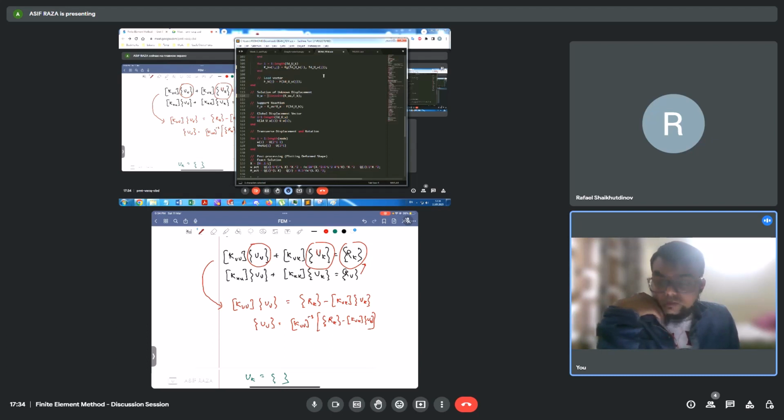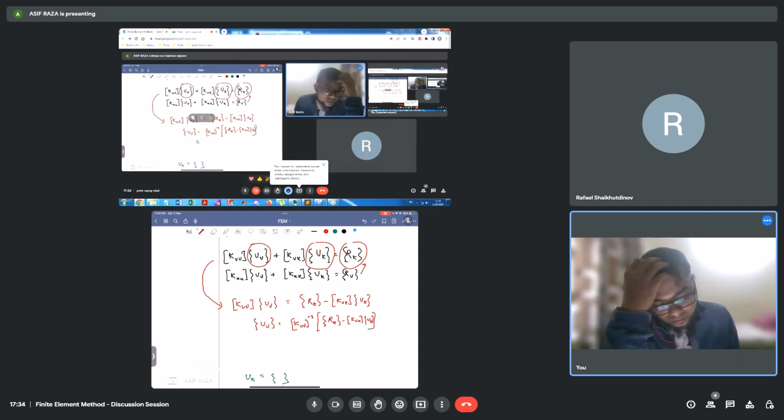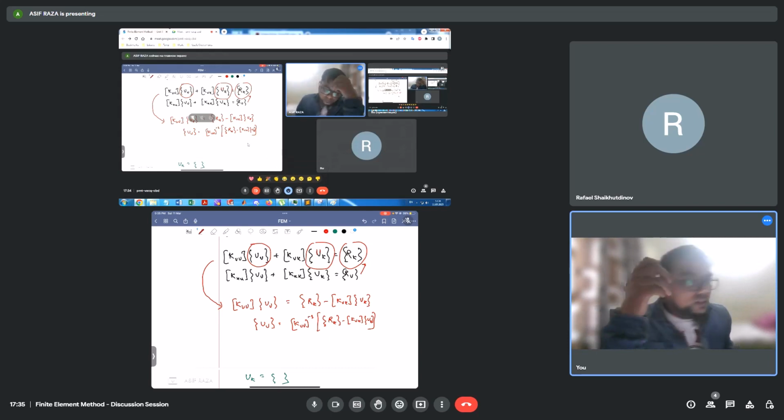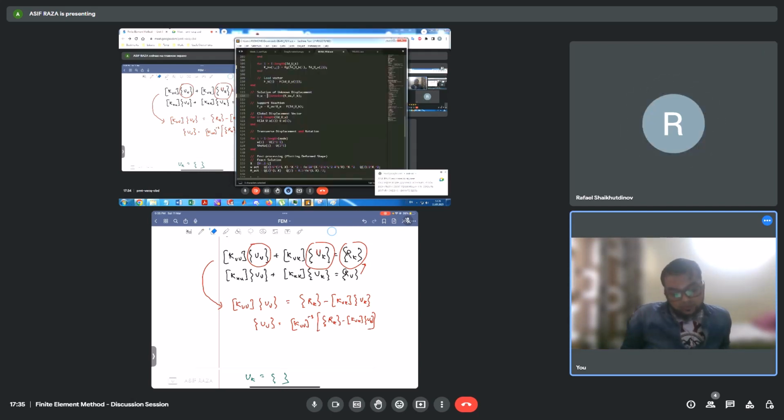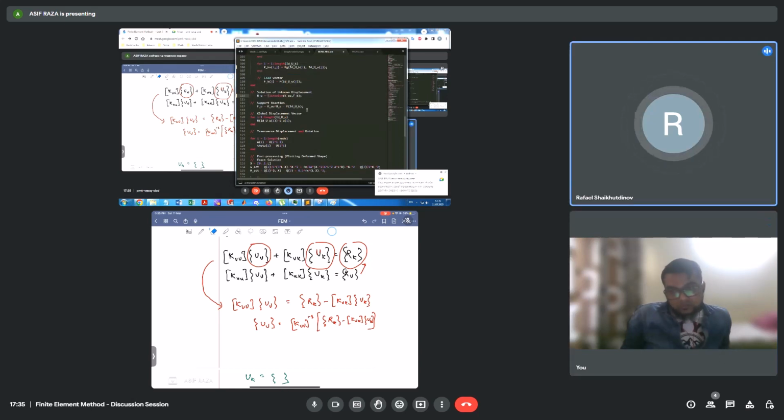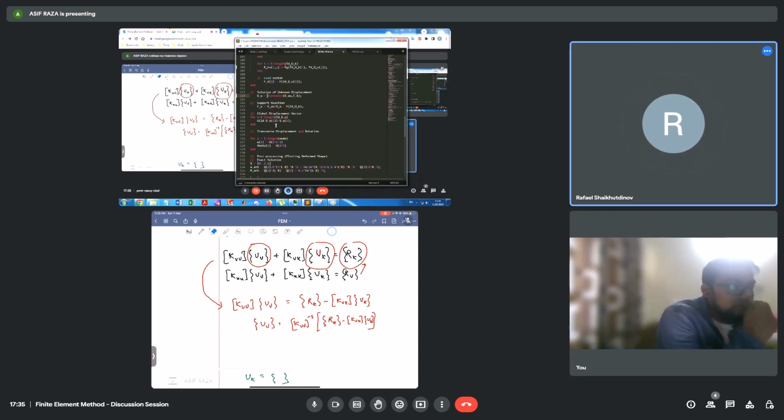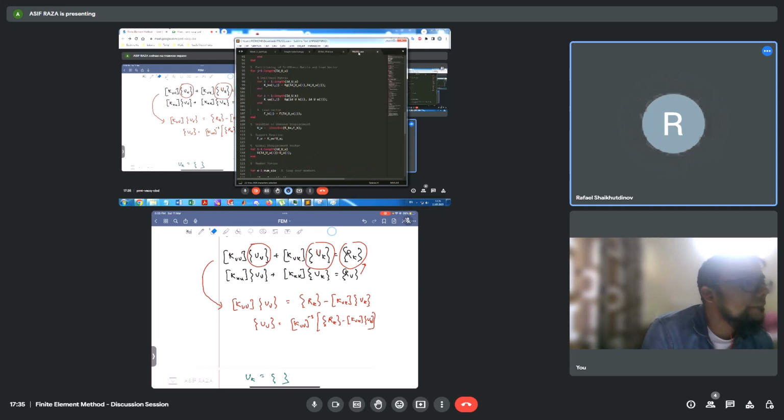If U is equal to KU minus... why minus? We need to ask the person who coded this what he meant. By the way, he used minus KU here, and here he also used minus KU.